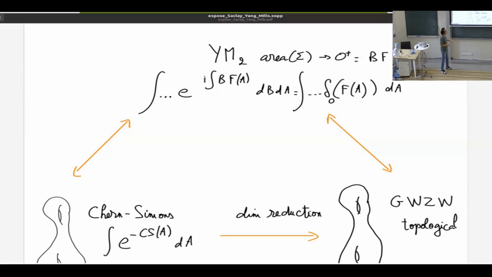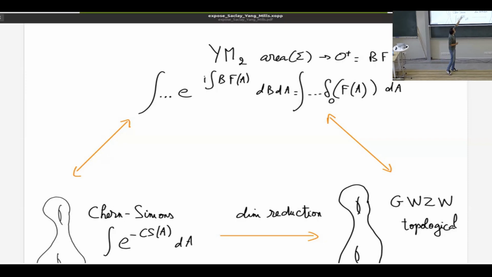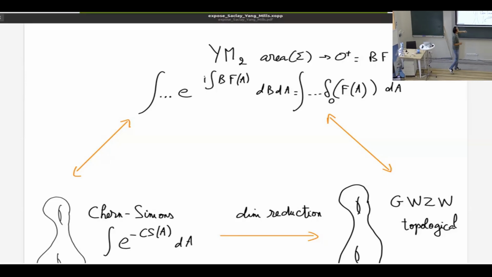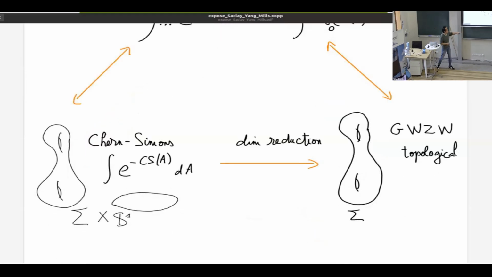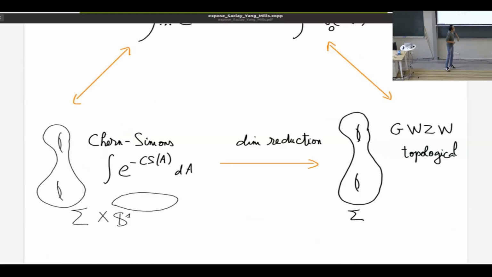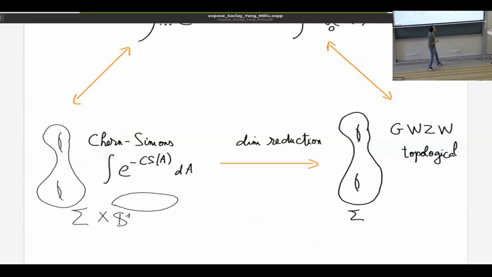It seems to me, when I read this Witten paper, that there is a triangle of love between Yang-Mills theory when the area goes to 0, which is called the BF theory in the physics literature, which should be related to Chern-Simons, but for a very special 3-manifold, when the 3-manifold is a surface cross a circle, which also should be related to a version of Wess-Zumino-Witten called the G Wess-Zumino-Witten.